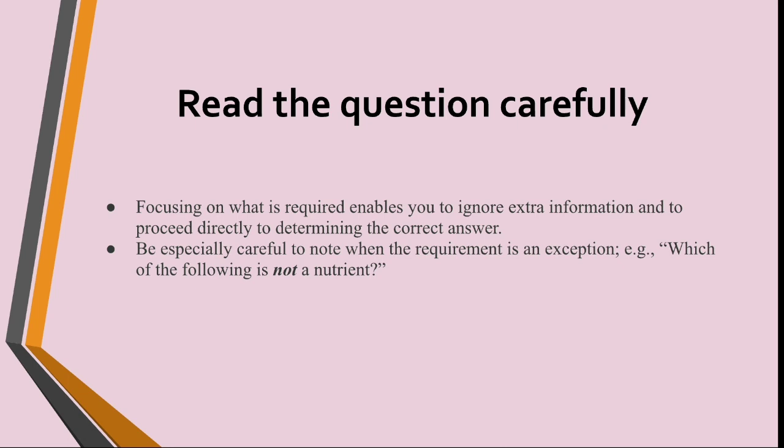For example, words such as not, either, except are normally in italics or normally placed in bold. These words can greatly affect the correct response, and oftentimes students tend to overlook these words, or they read the question so fast that they do not even realize that the word was there. Please pay special attention to these questions.